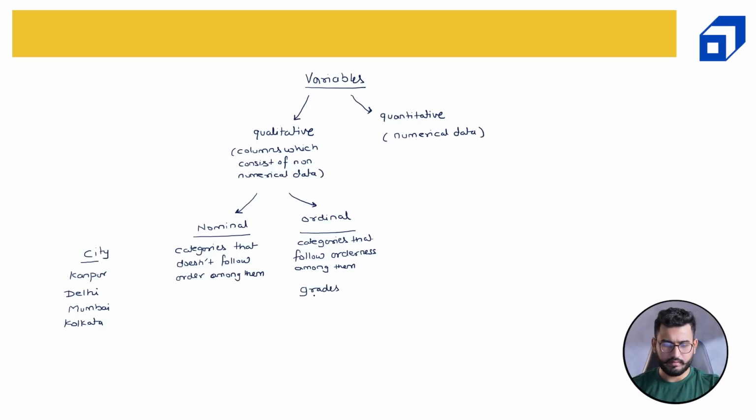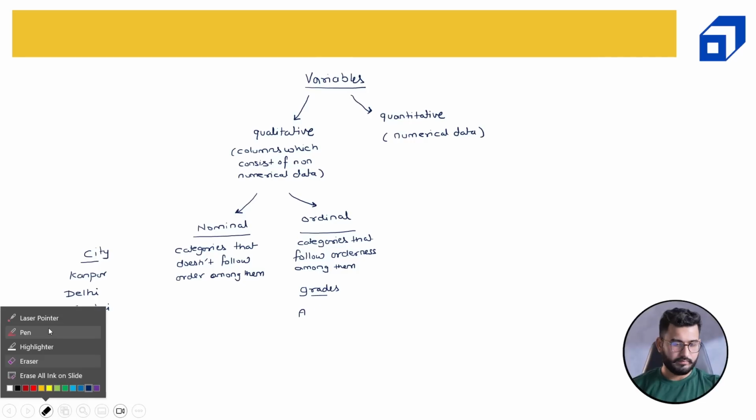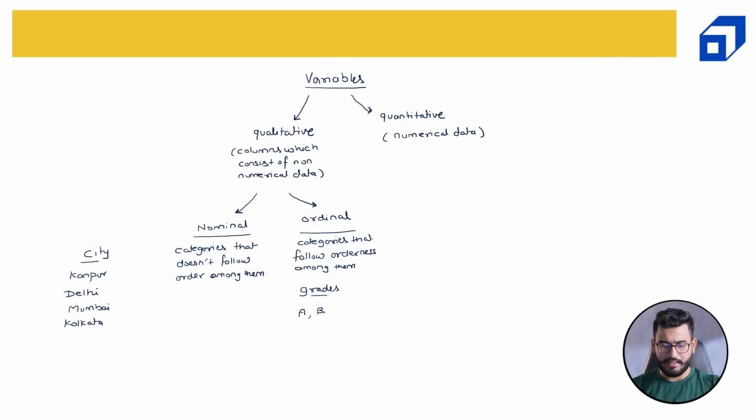So grades can be A, B, C, D. Now we know that A is better than B, B is better than C, C is better than D. So there is some orderness among these categories, and that's the reason it is ordinal data. We can also talk about class, like first class, second class, third class, fourth class. So there is orderness.